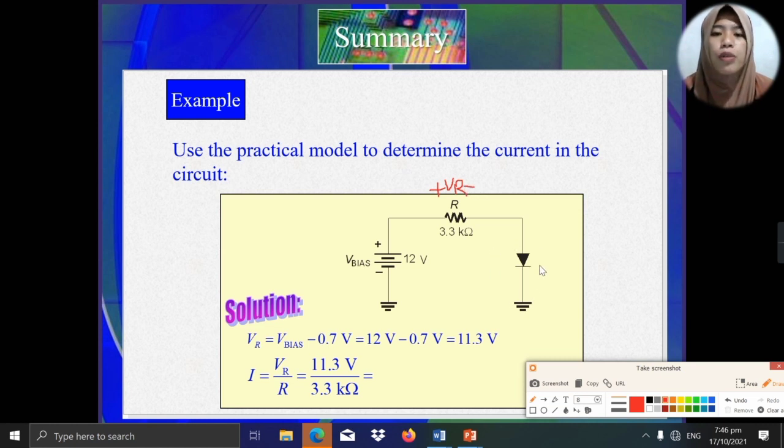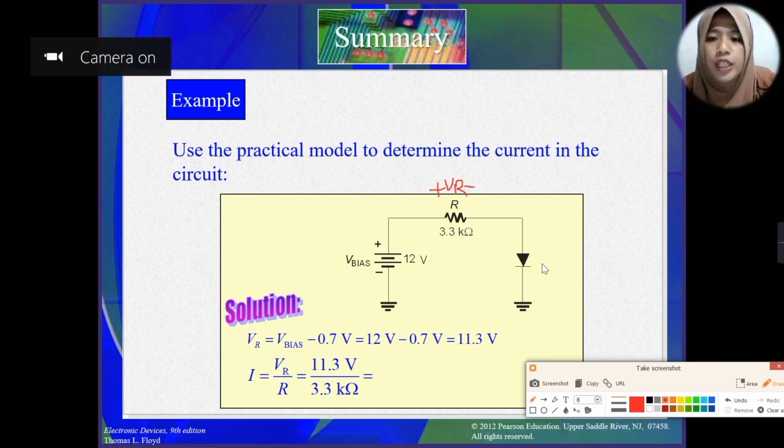For this diode, mayroon din tayo ditong voltage forward, so we have here VF, plus, minus. Again, we're going to calculate the current in this circuit, which is I sub R.